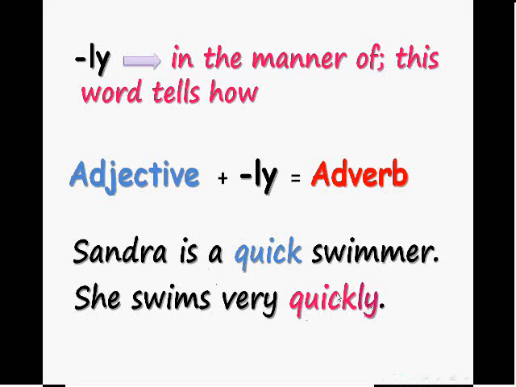I just added ly to the adjective quick to change the word into an adverb. And this means how she swims, okay? And of course here, in the first one, when I say Sandra is a quick swimmer, I'm using the verb to be, okay? And then when I changed the second sentence, I used swims as a verb, okay? So she swims very quickly.